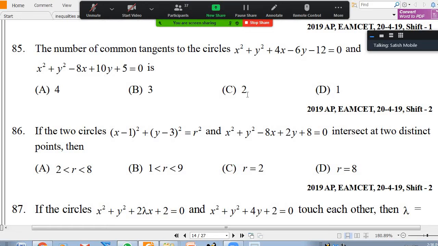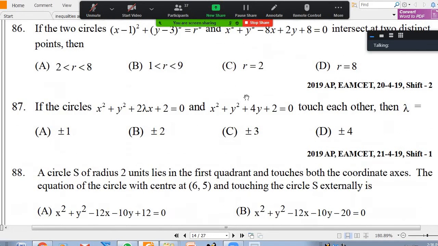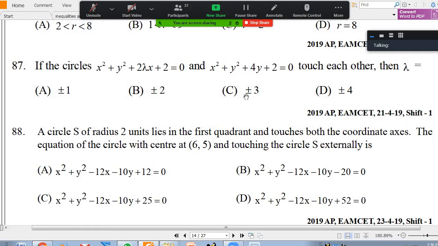Okay, 85 or 86, any doubt, anybody? Okay, I'm scrolling up to 88, anybody doubt?